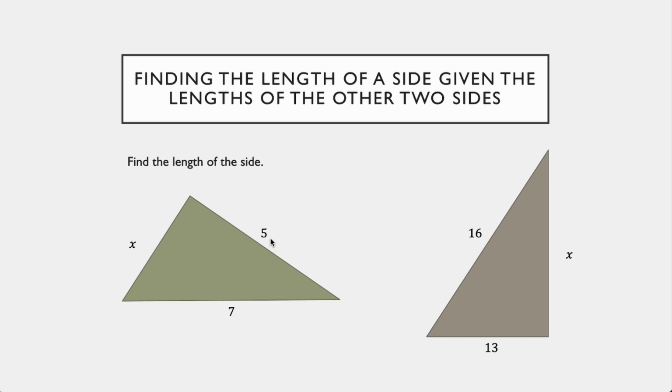This is greater than this, so that's not the hypotenuse. And by elimination, we can figure out that this is the hypotenuse. So a right angle must be here. And let's find it for this one too. Again, I would like you to pause this video and try to figure out where the hypotenuse is in this one too.